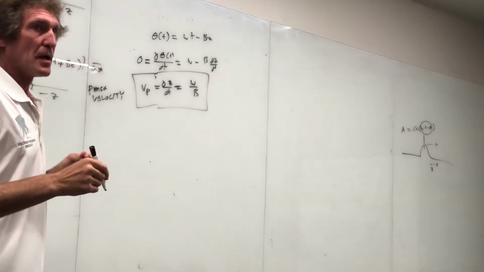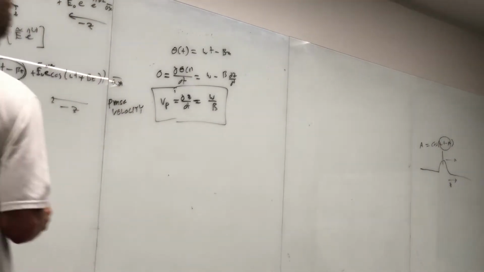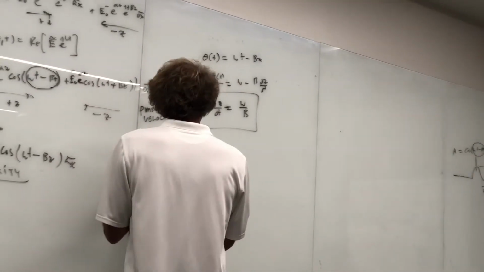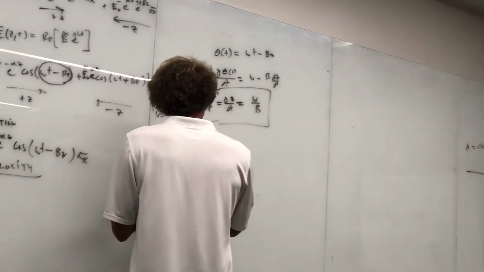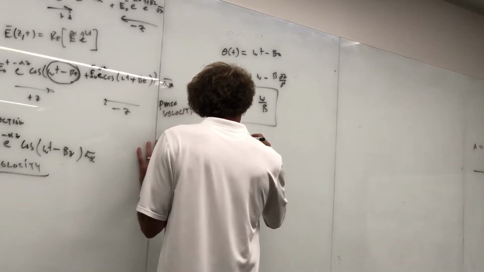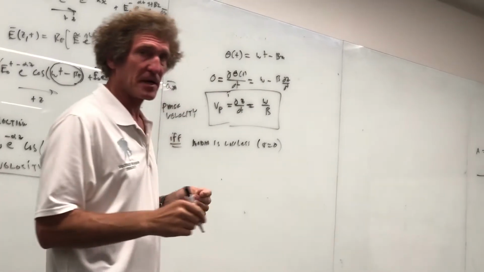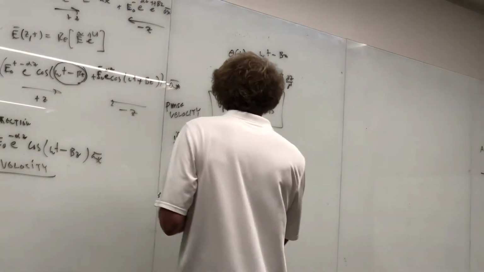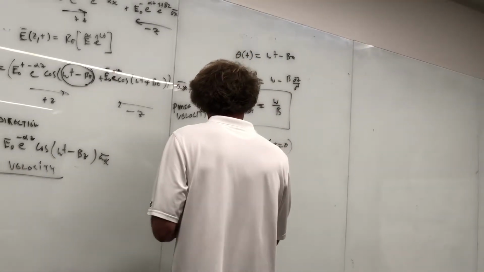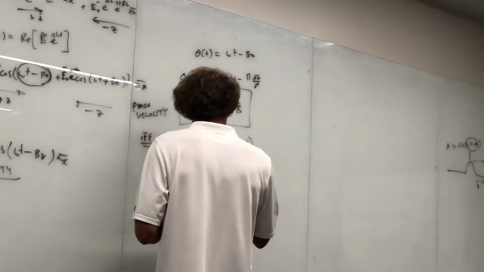Very important. Now, what you can say is this also. If, and only if, the media is lossless, or sigma is 0, that's another way of saying it, lossless media, then you can see that gamma, right here, gamma is equal to the square root of j omega mu times (sigma plus j omega epsilon).